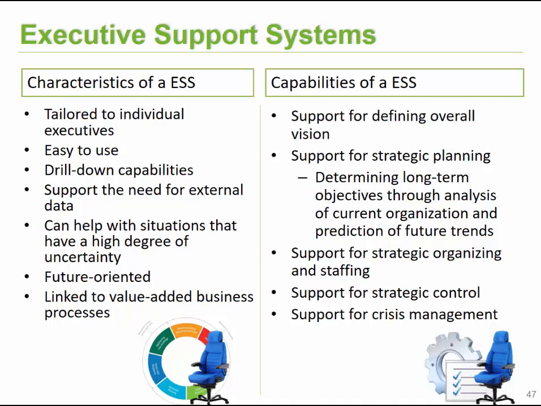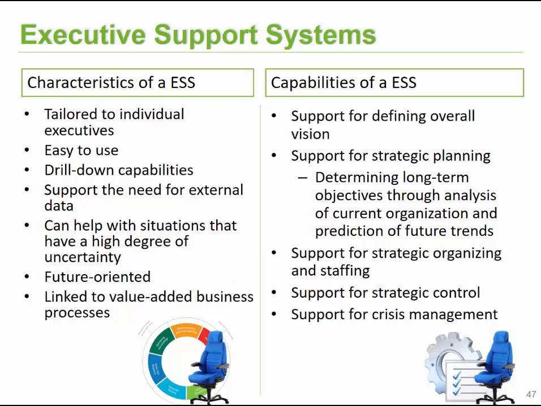Now, what are the capabilities of the executive support systems? We would find they support the overall vision of the company. They would support strategic planning, for example, looking at the long-term objectives by looking at the analysis of our current organization, our future needs, future predictions and trends.